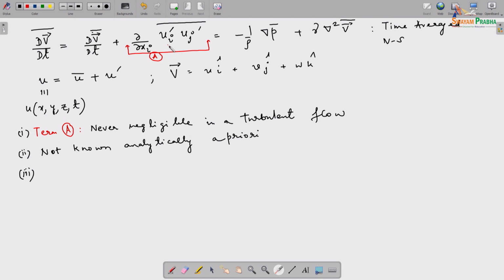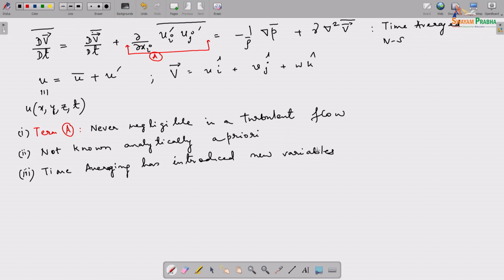We didn't have this previously. Okay, so let me write that down: time averaging has introduced new variables, right.